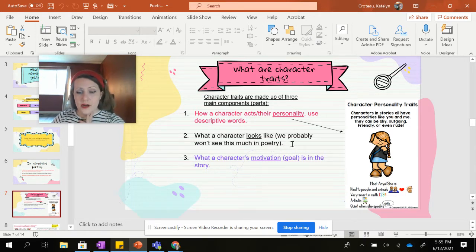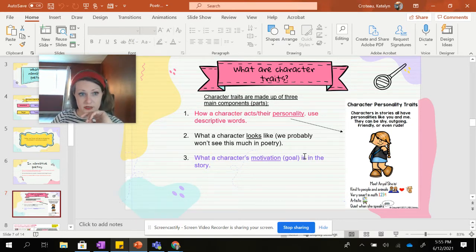And honestly, though, you're not going to see much of this in poetry, because think about the poems we just read earlier. We don't know anything about how those people looked, because they're short, and that's not really the point. You might see it sometimes, but pretty unusual within a poem structure, at least the poems we're going to be looking at. And then what's the character's motivation? That's their goal. Like, what do they want in the story?